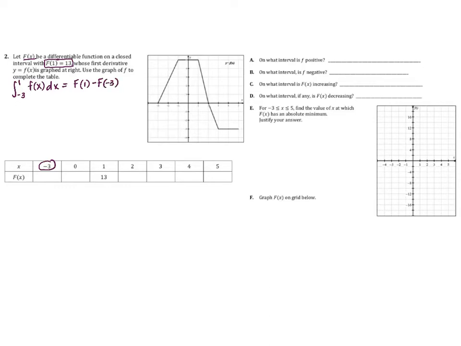All right, so we know f at 1 is 13, so I will be subbing in that value, but I also need to go back over here and find this bounded region. So from -3 all the way over to +1. So I have this region here.